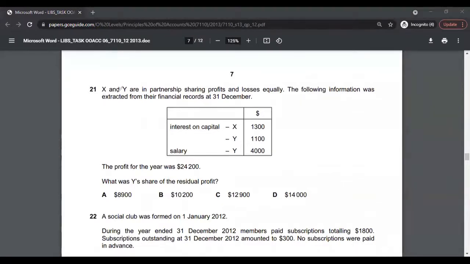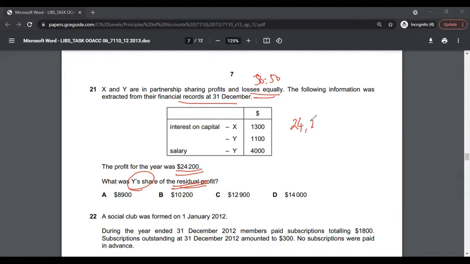Multiple choice 21. X and Y are in partnership, sharing profit and losses equally, so that means 50-50. The following information was extracted from their financial records at 31st December. The profit for the year was 24,200. What was Y's share of the residual profit? You have to be careful about the residual profit.